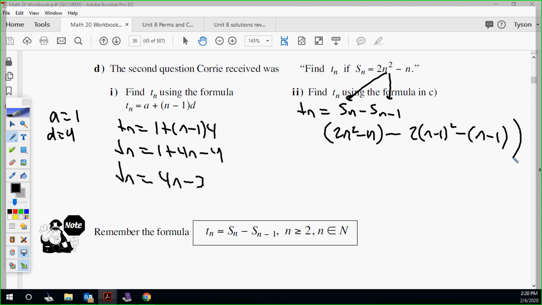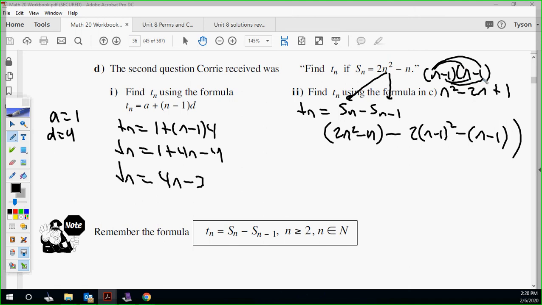So the right side is what needs the most work, because we have to FOIL that stuff out. Hopefully you remember how to FOIL a little bit. So FOILing this out, remember, that would be this. N minus 1 squared is times each other. So that's going to be n squared minus 2n plus 1 if I FOIL that out. N times n, negative 1n, and negative 1n for negative 2n, positive 1 there.